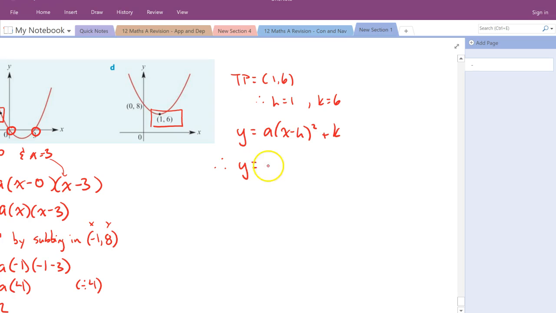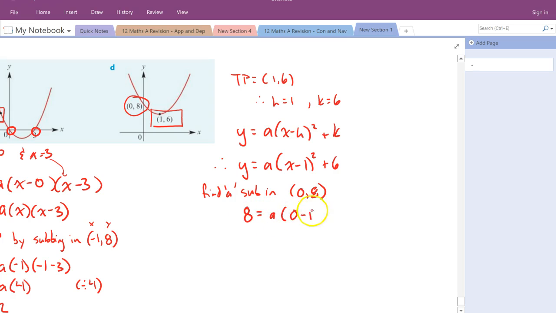Therefore y equals a times (x minus 1) squared plus 6. Again, I have to sub in my second point. I'm going to find a by subbing in 0, 8. So y is 8, and when y is 8, x is 0.